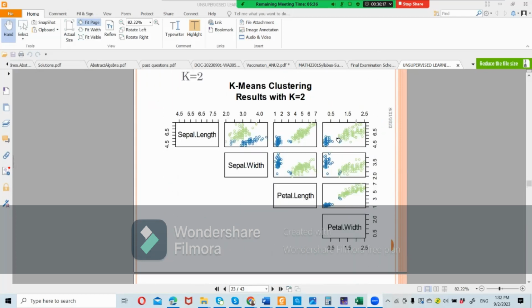Okay, now for k equals 2, you can see the clustering for the sepal length. We can see the green and the blue, and how the data set is separated into the various clusters.